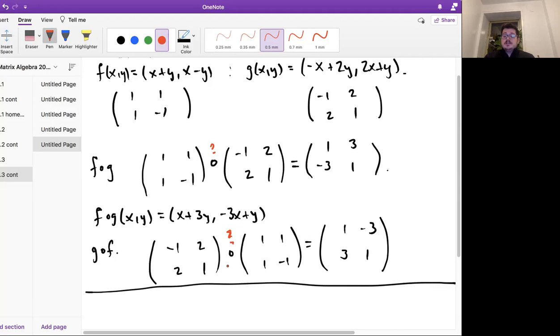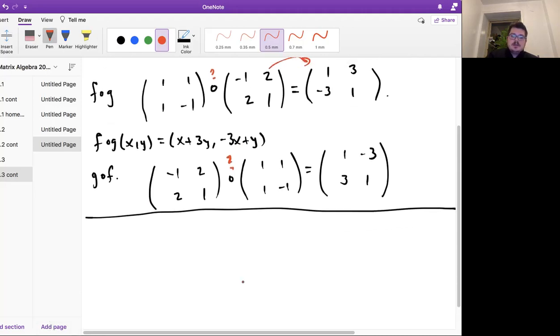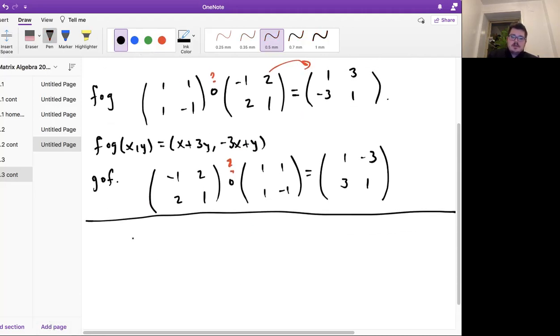We're going to develop a formula of how to get from here straight to here without going through that whole composition nonsense.